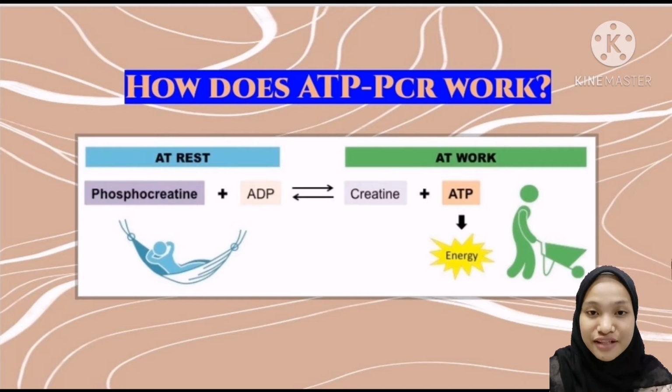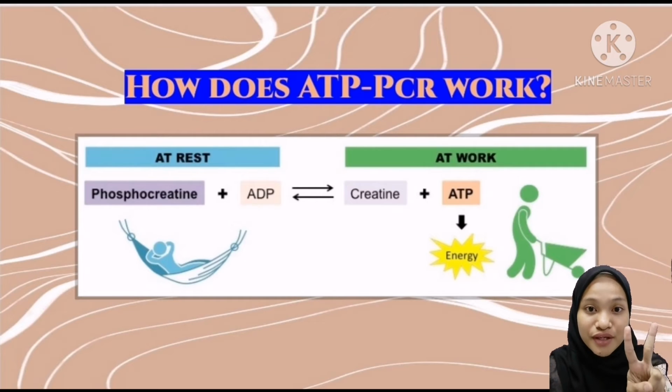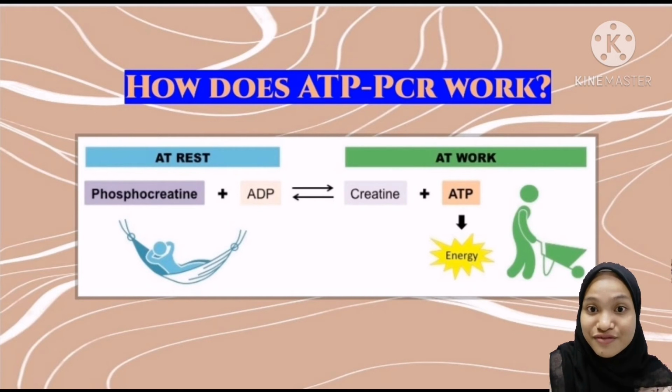While at work, the phosphocreatine will break down and turn into phosphate and creatine. The phosphate will bind together with the ADP, which is from 2-phosphate, it will turn to 3-phosphate and is called ATP with triple phosphate. That's why at work it changes to creatine plus ATP, or adenosine triphosphate, and then turns into the energy.